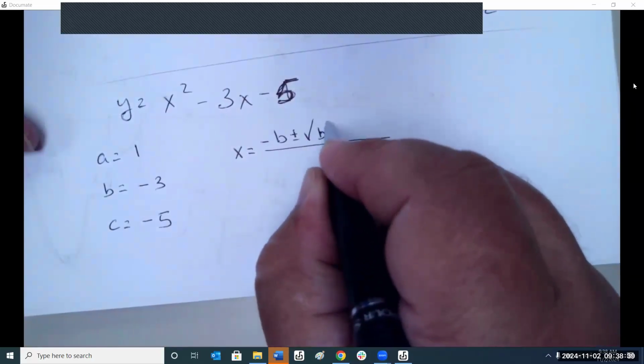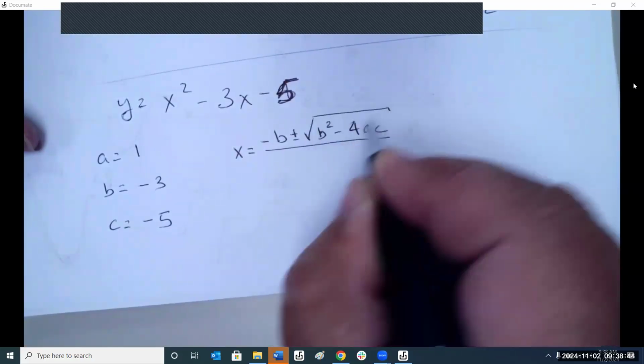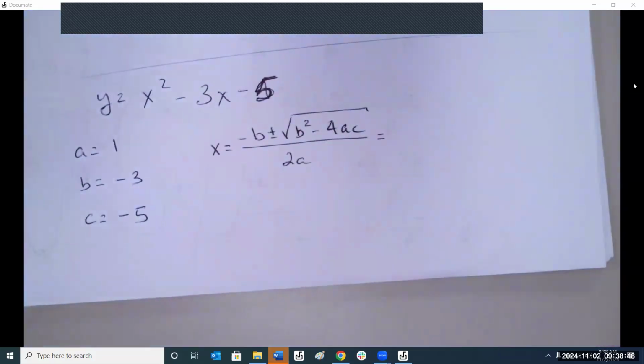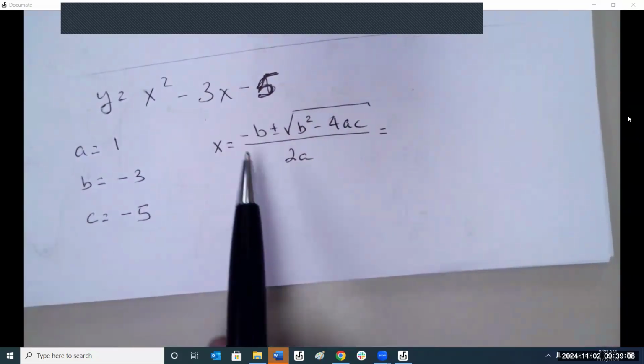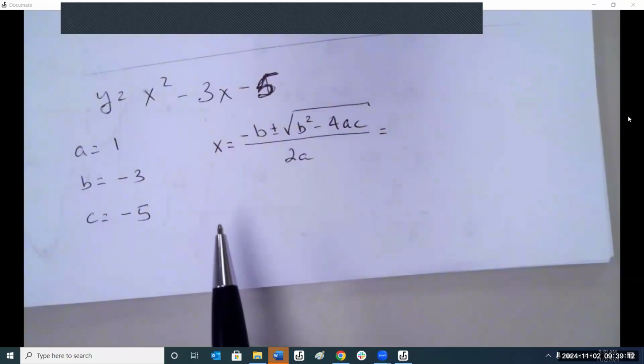Plug in the values. Since this equation is not factorable, or you don't want to waste your time factoring it, just plug it in there.